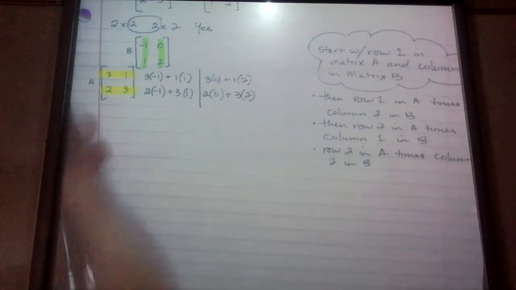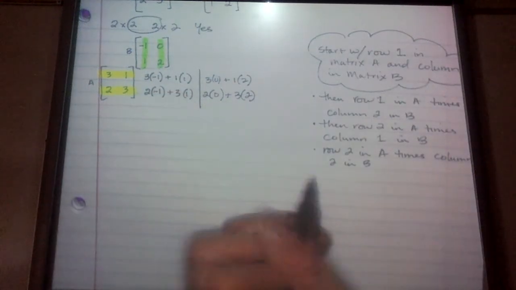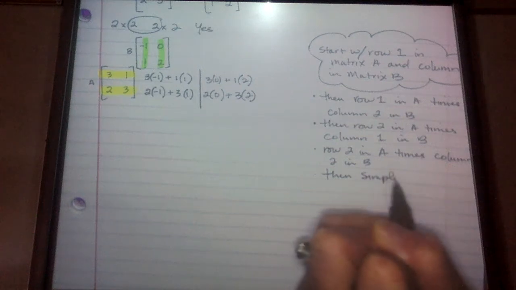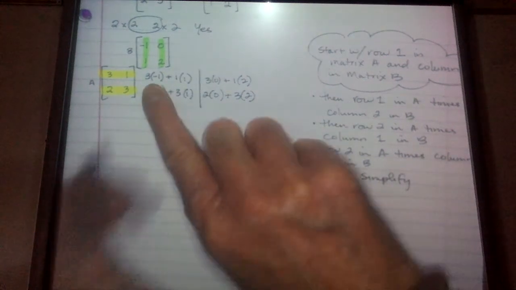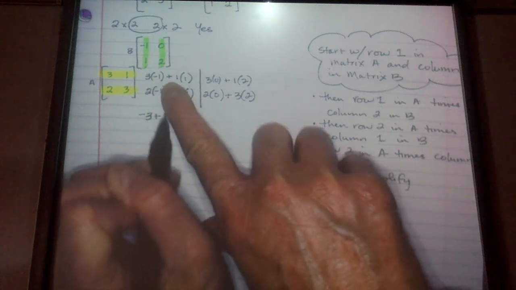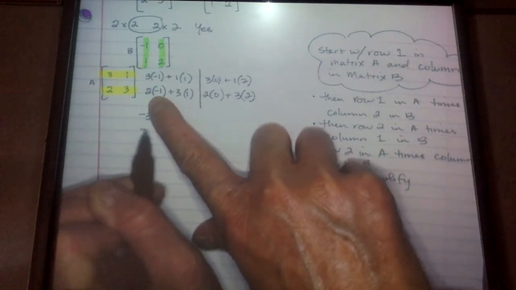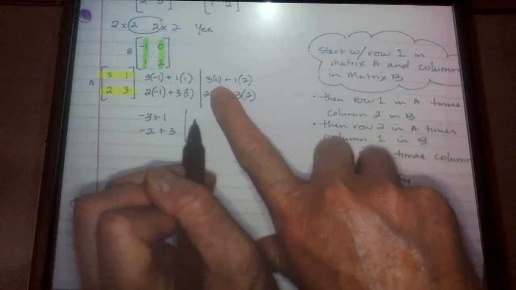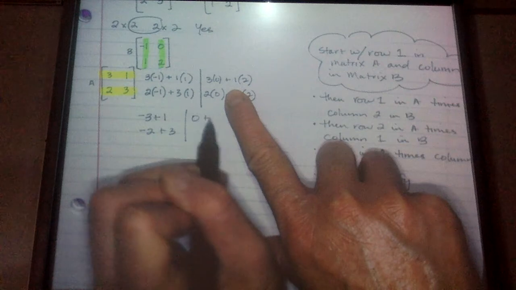And now I'm going to simplify each element. So this first one, 3 times negative 1 is negative 3 plus 1. Bottom one is negative 2 plus 3. 3 times 0 is 0 plus 2.